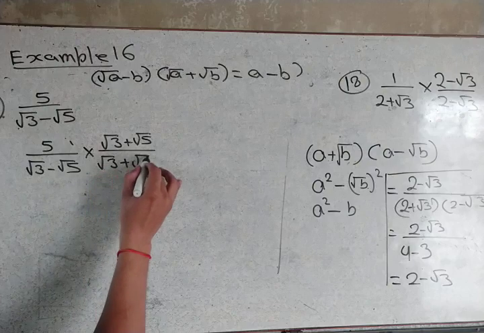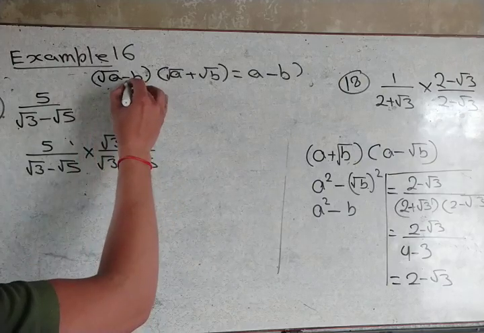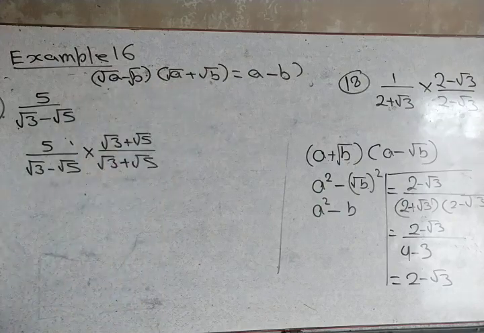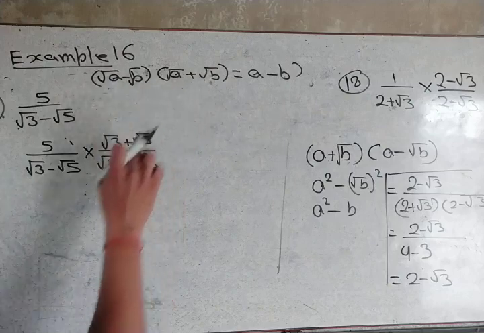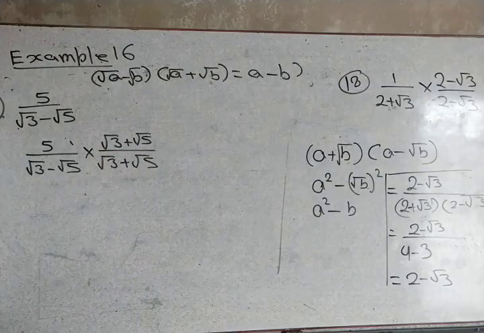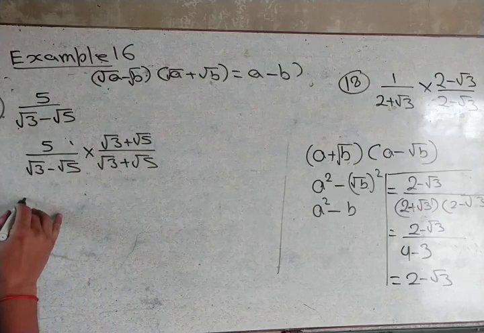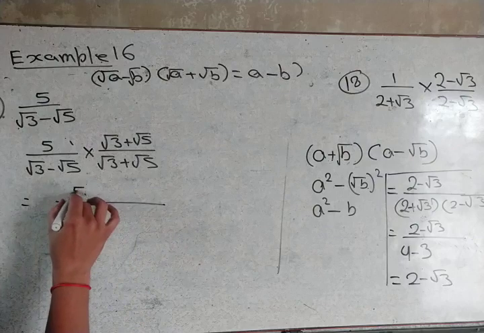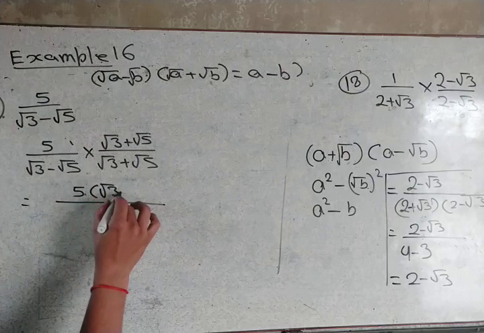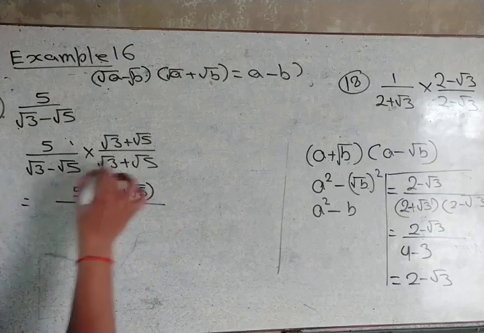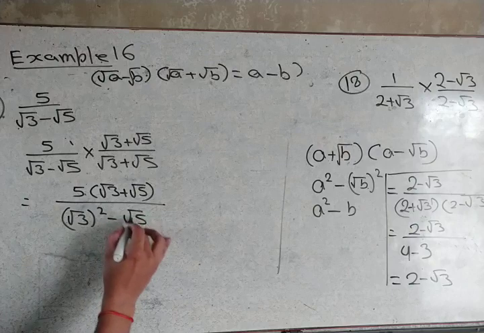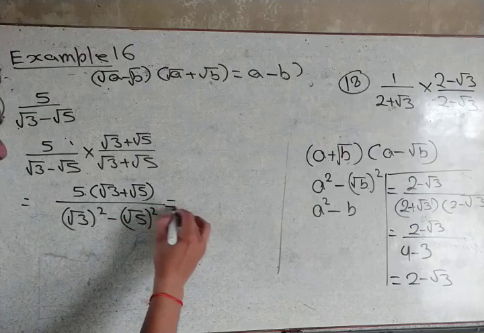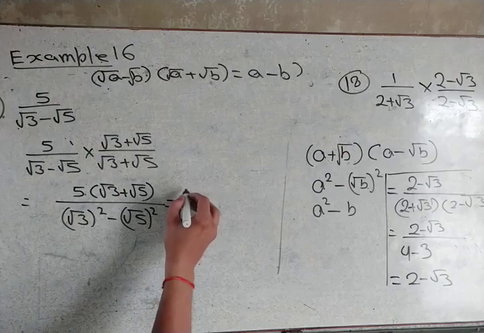Why have we multiplied? I have given you the reason. Because we know that when we multiply such an expression with this, with the minus and plus signs, the roots of both the numbers vanish. So that's why we have applied this identity. What is the answer? Root 3 and root 5, and this is root 3 squared minus root 5 squared.